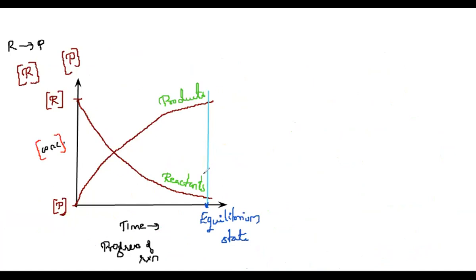From this point, the concentrations of product and reactants remain constant, and that state is called the equilibrium state.